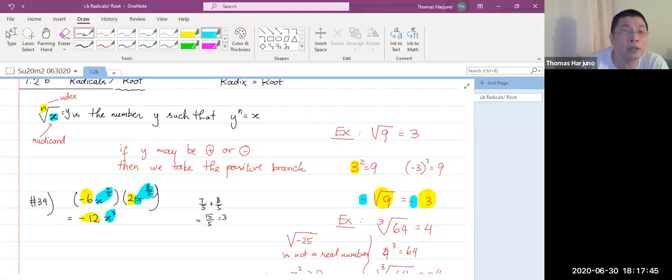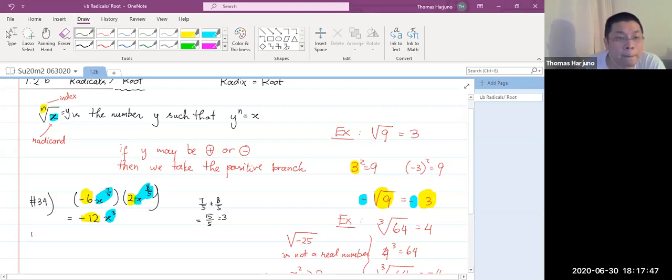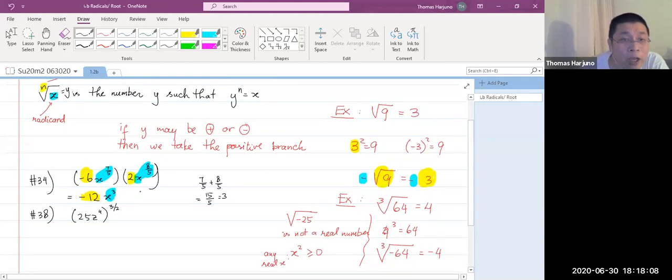Okay, number 38: 25c to the 4, to the power of negative 3/2. I missed the negative sign.